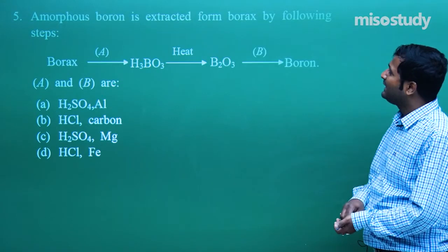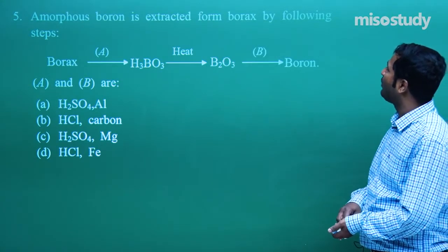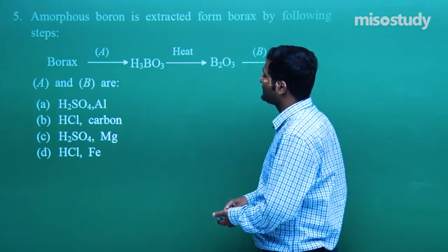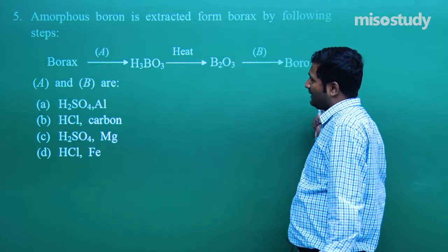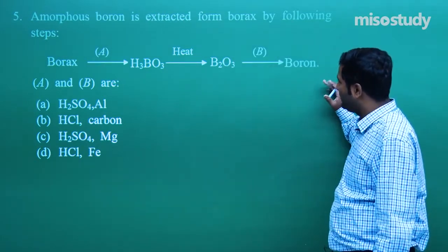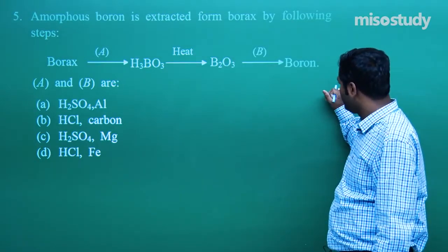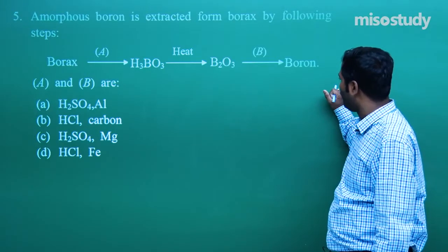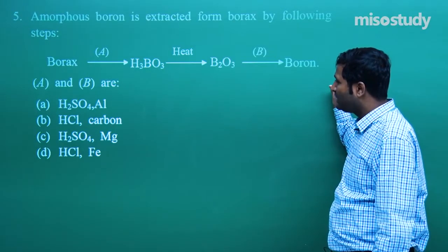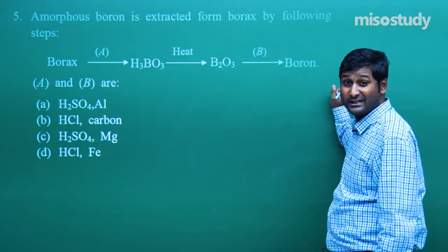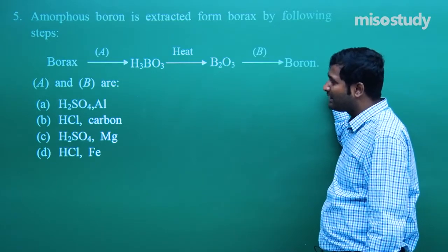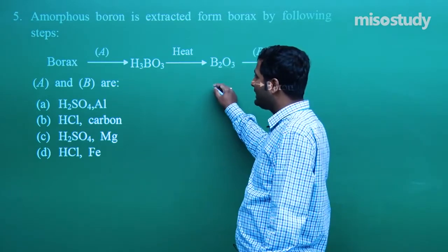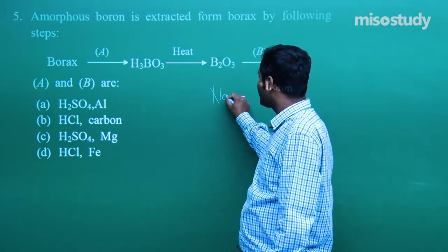Amorphous boron is extracted from borax by the following steps. Borax plus A, then H3BO3, on heating gives B2O3, and then B is boron. First of all we need to complete the reaction. Now tell me how to complete the reaction. As I told you earlier, what is the formula of borax?